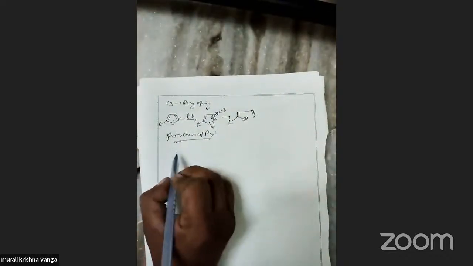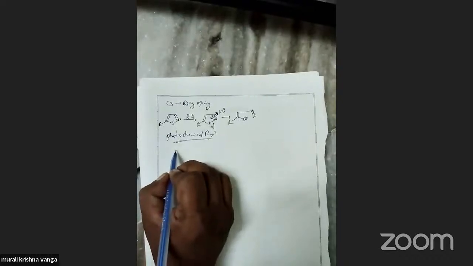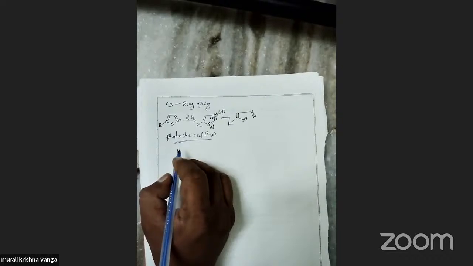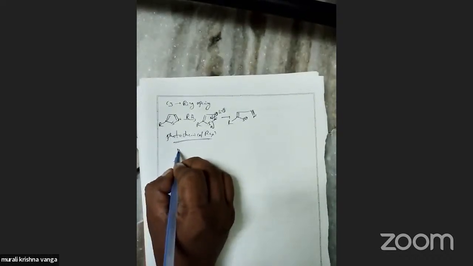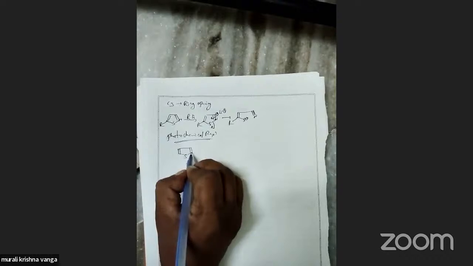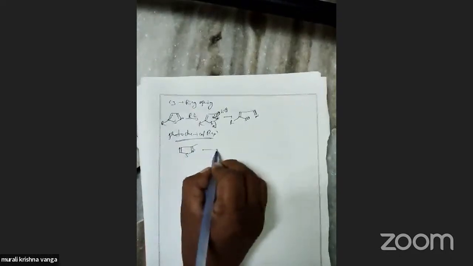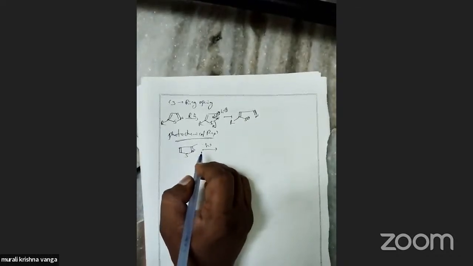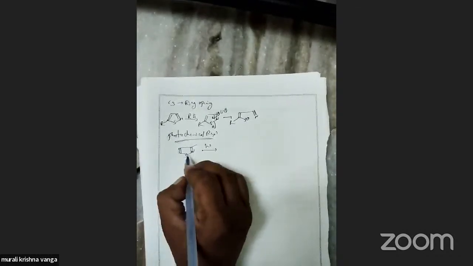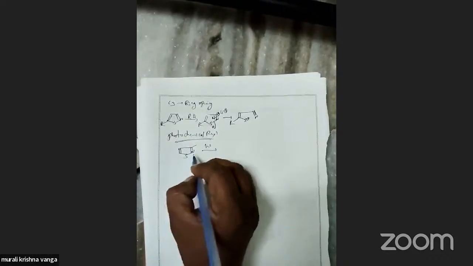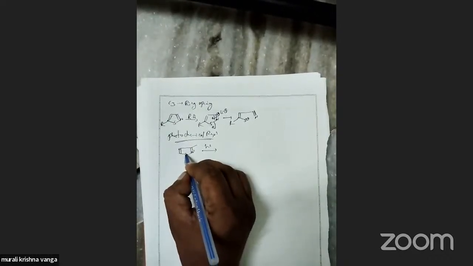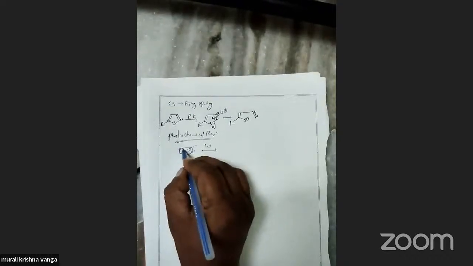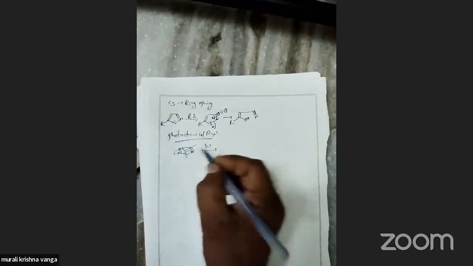In the presence of photochemical conditions, the lone pair of electrons on sulfur attacks here, and the pi bond shifts to the third position and to the fifth position.